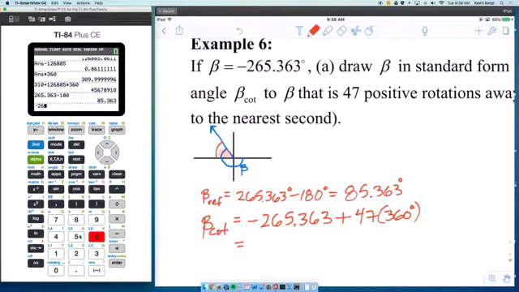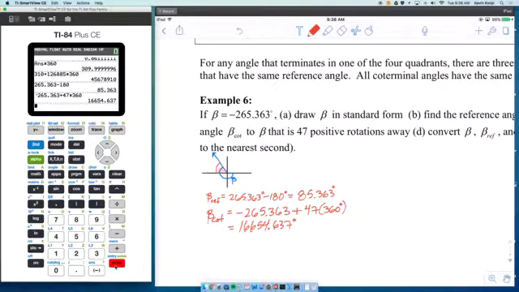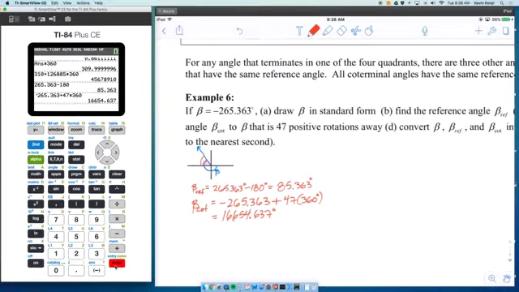Negative 265.363, and I want the negative angle there because it's the actual angle plus 47 times 360. If I wanted negative rotations, I would subtract. So it's 16654.637 degrees. It's coterminal with it, and it's 47 positive rotations away.